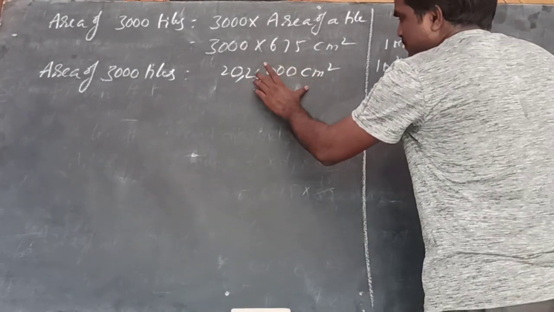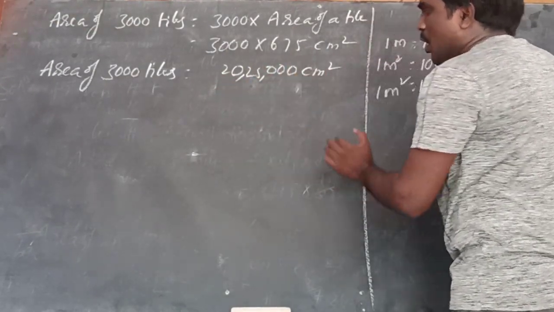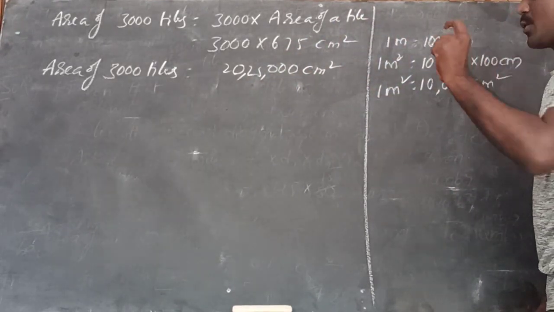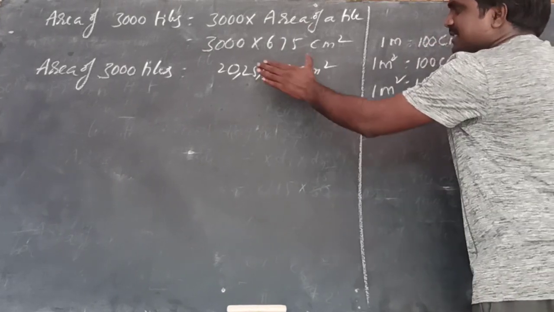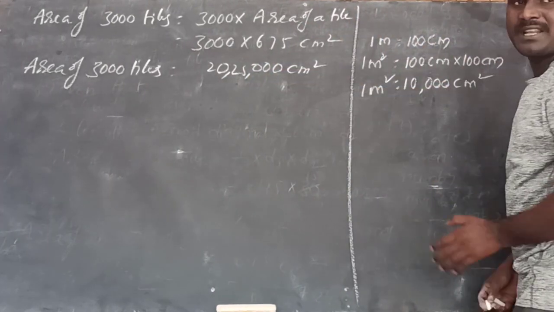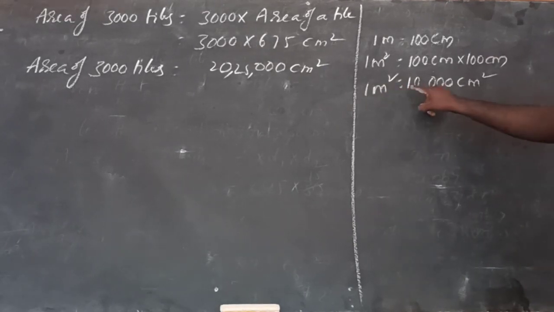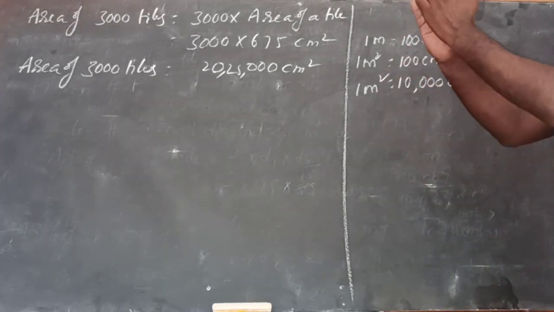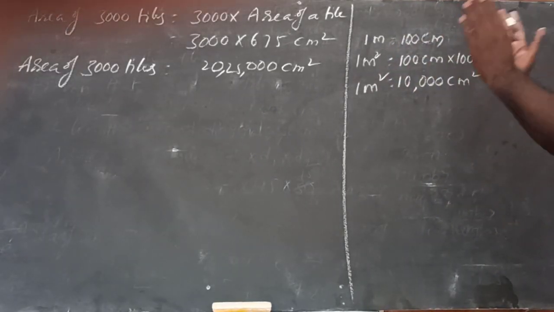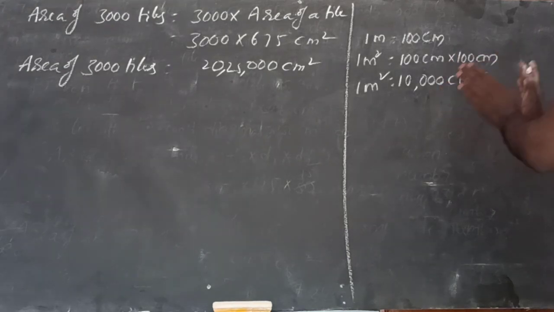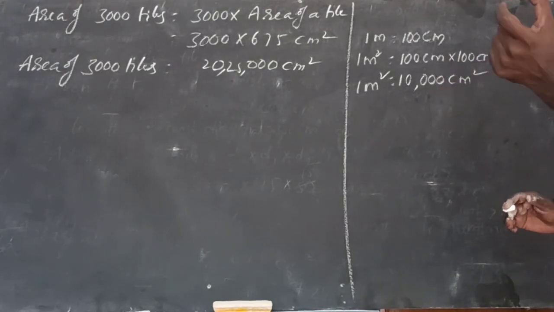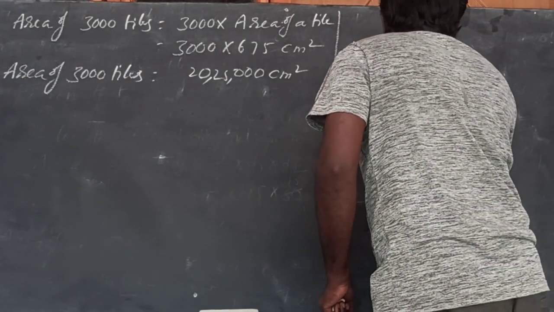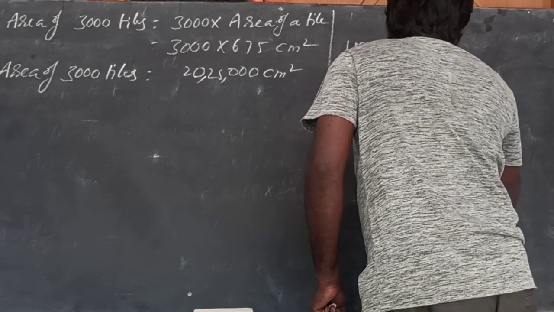So here this centimeter square is changing into meter square. Why? They have given that the cost per meter square is 20 rupees. So 1 meter square is equal to 10,000 centimeter square. That means 1 meter square is divided into 10,000 equal parts, and one part is 1 by 10,000. So 1 centimeter square is equal to 1 by 10,000 meter square.